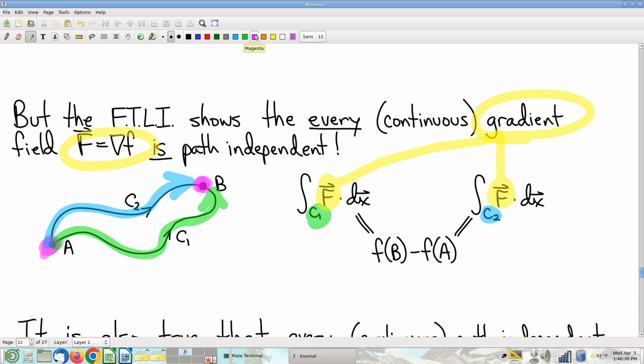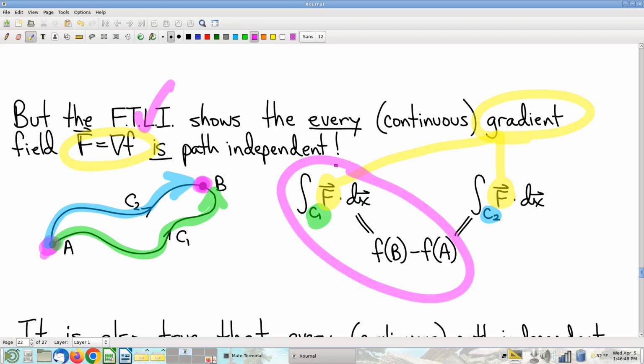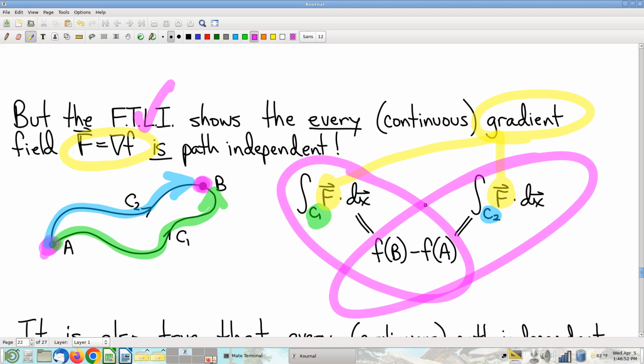Given that this vector field f is a gradient, we can use the fundamental theorem of line integrals. The fundamental theorem of line integrals for curve 1 is this. For curve 2 is this. And notice you get the same formula for each because they have the same starting point and same ending point. And when you use the fundamental theorem of line integrals, only the starting and ending point are involved. The formula literally only involves those 2 points.